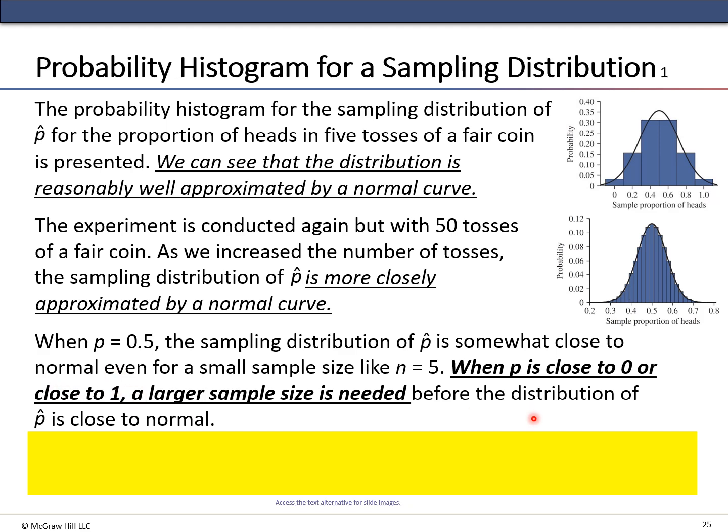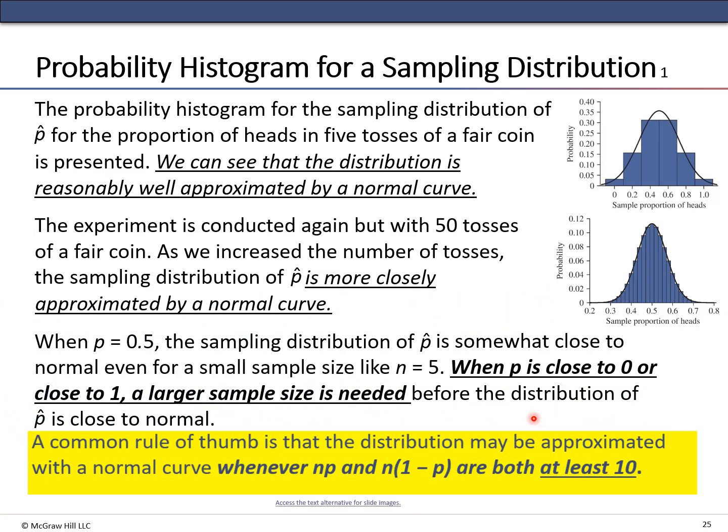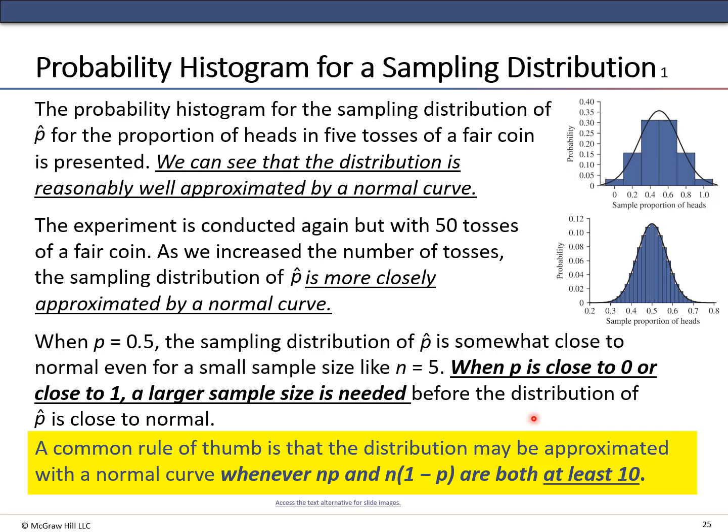So when your proportion is skewed to being hardly any in the group or almost all in the group, then you need a much larger sampling distribution for it to be normally distributed. So we use a common rule of thumb that the distribution may be approximated with a normal curve whenever the sample size times the proportion is at least 10 and the sample size times 1 minus the population proportion is also at least 10.